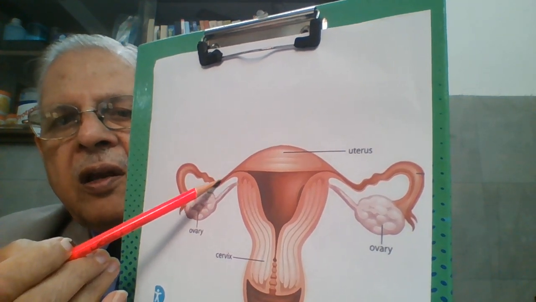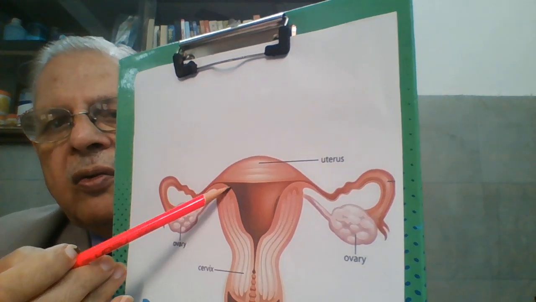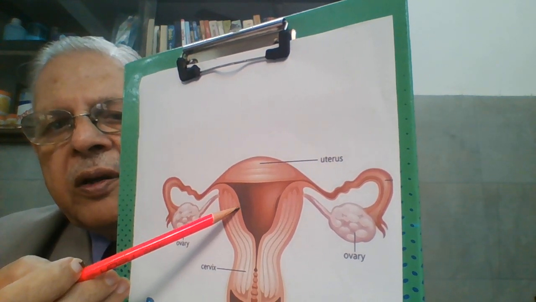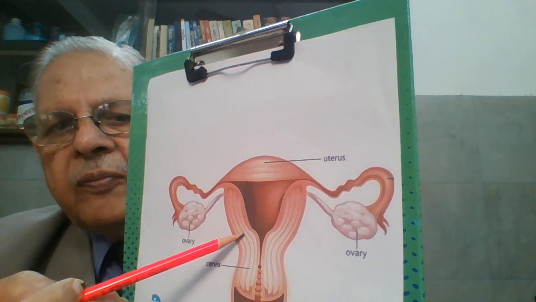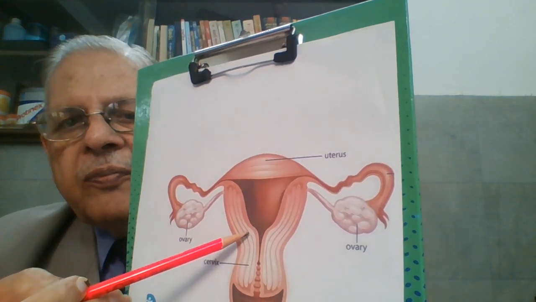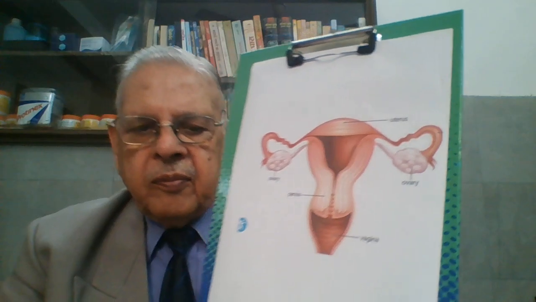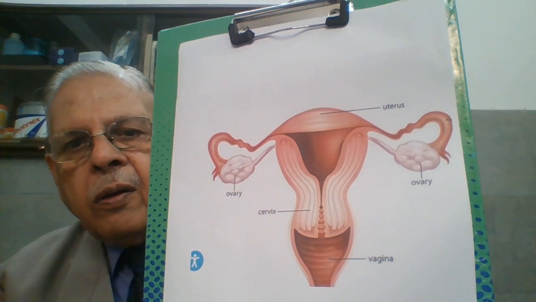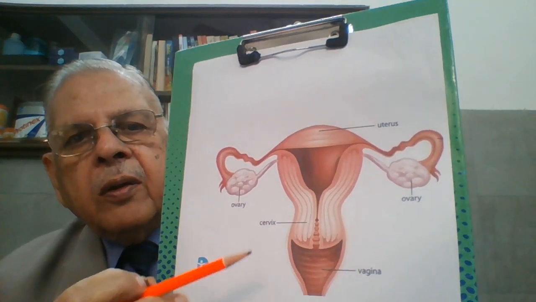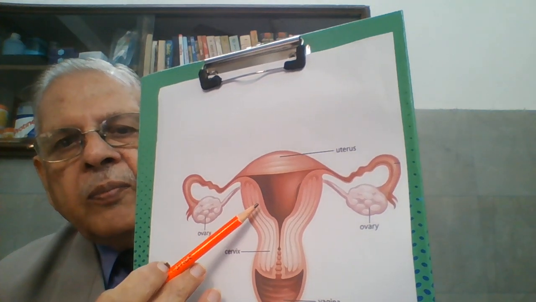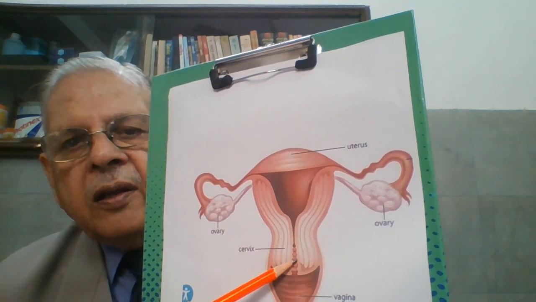When fertilized, it moves further into the uterus and gets implanted in the wall of the uterus anywhere, wherever it gets the chance. Now the implanted here, and this canal is going outward.